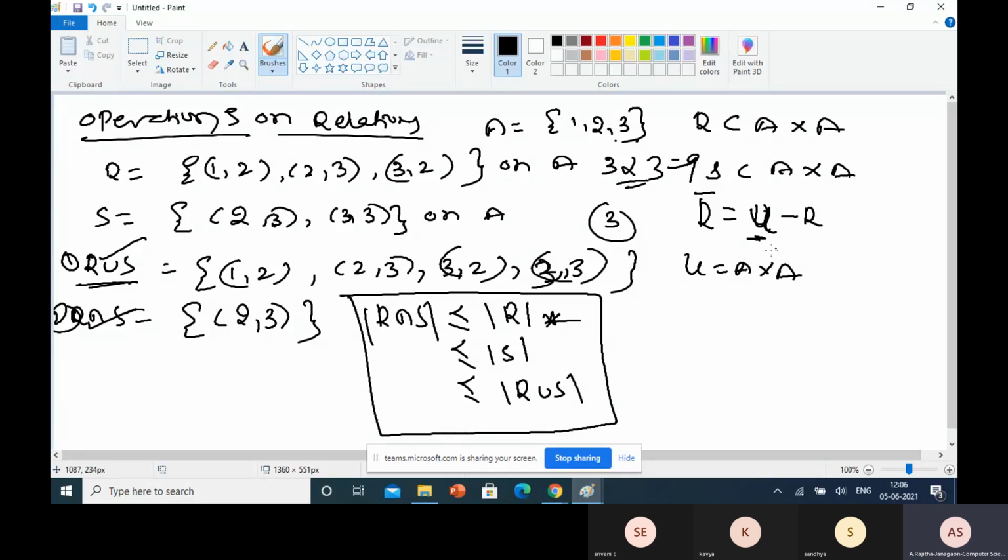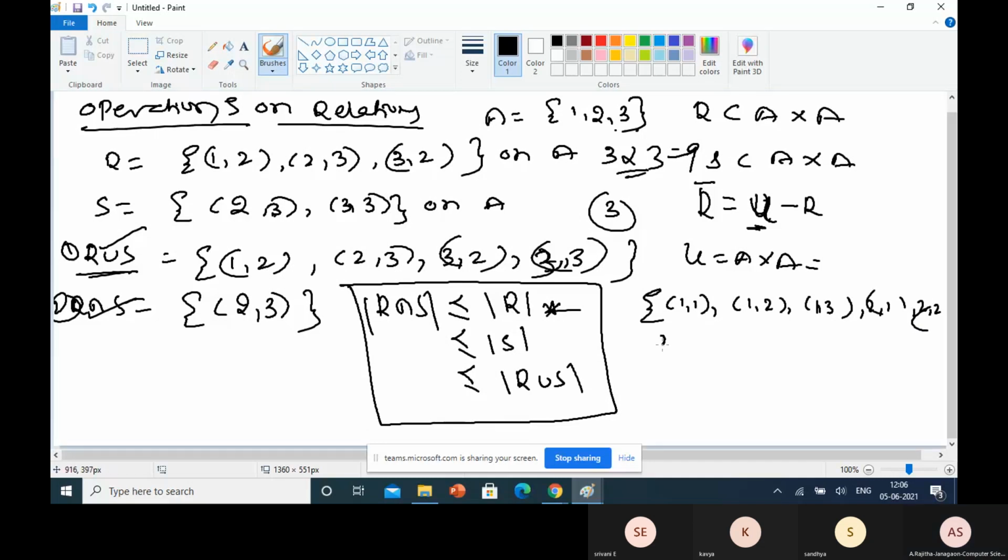Out of these 9 ordered pairs, A cross A equals 1 comma 1, 1 comma 2, 1 comma 3, next 2 comma 1, 2 comma 2, 2 comma 3, next 3 comma 1, 3 comma 2, 3 comma 3.